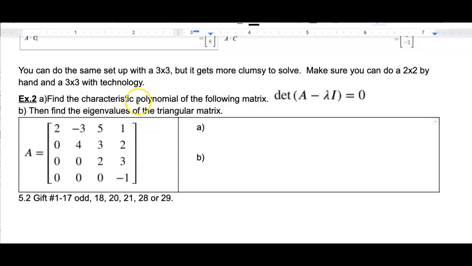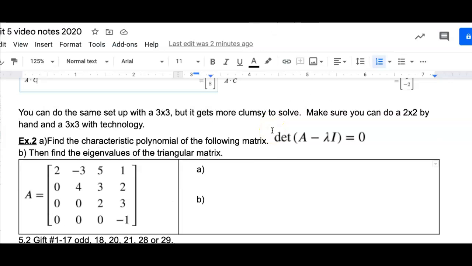It does say characteristic polynomial. And so if I take lambda minus 2, lambda minus 4, lambda minus 2, and lambda plus 1, like I said, I know the determinant is just going to be along the diagonal with the triangular matrix. All I have to do is set up the polynomial as such. Notice I put a squared here.